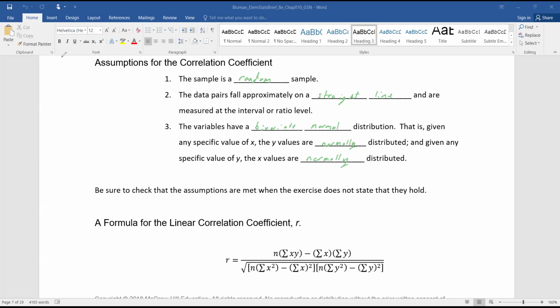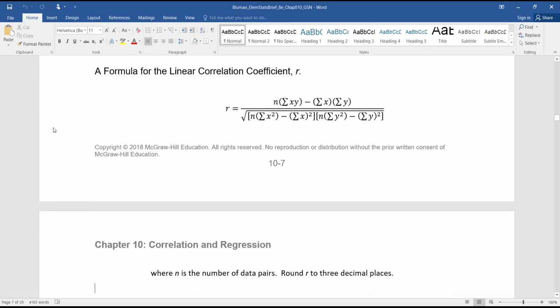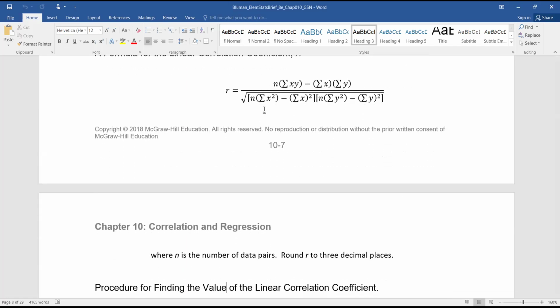All right, so we'll start off, just like we always do, with a formula to help us figure out our correlation coefficient. As you can see, it looks pretty intense, but we'll do it together.